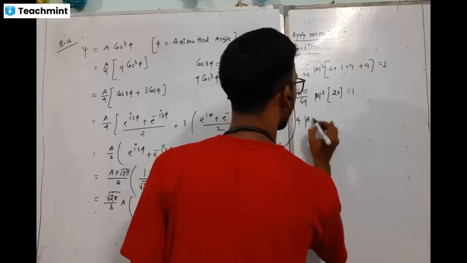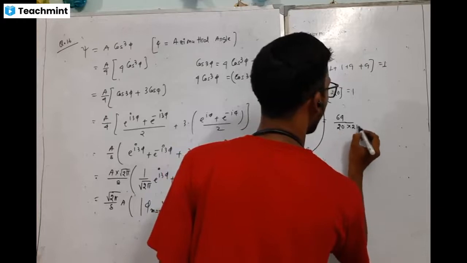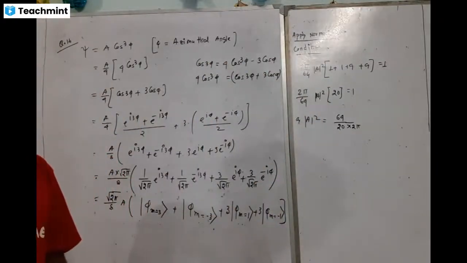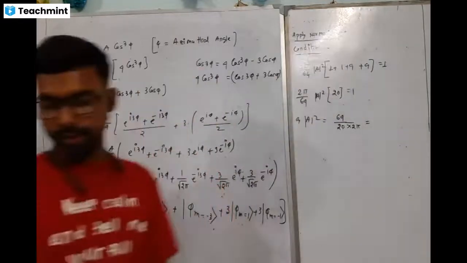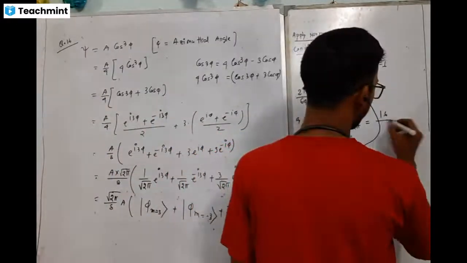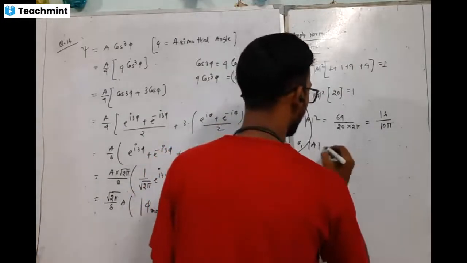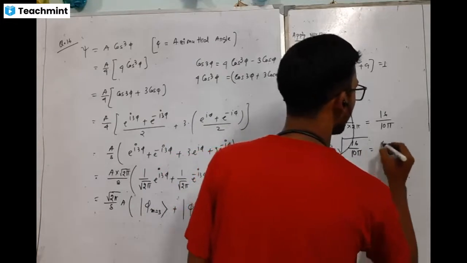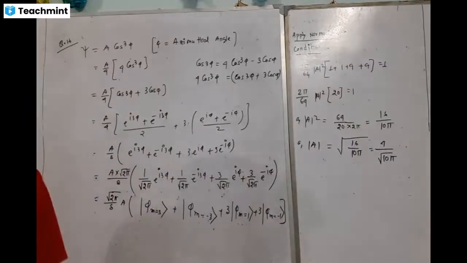So mod a squared equals 64 upon 20 upon 2π, which equals 16 upon 10π. So mod a equals root under 16 upon 10π, which equals 4 upon root under 10π.